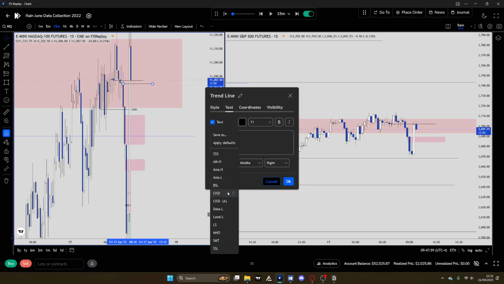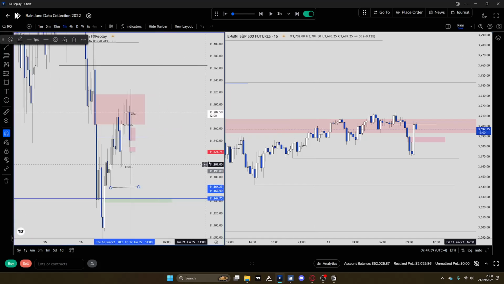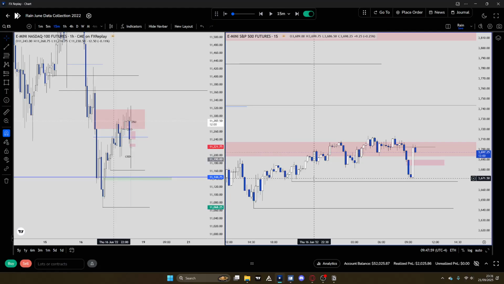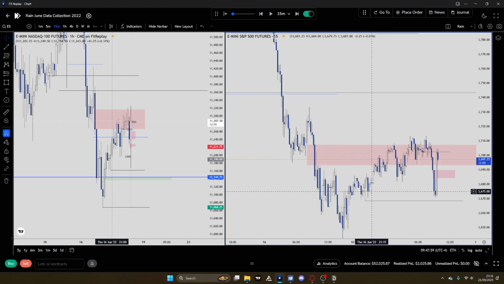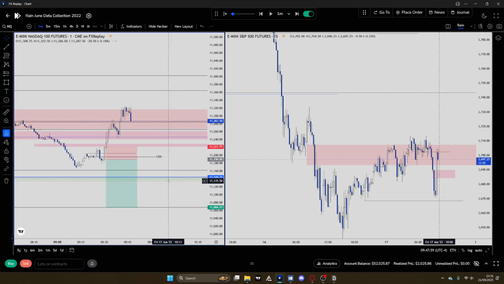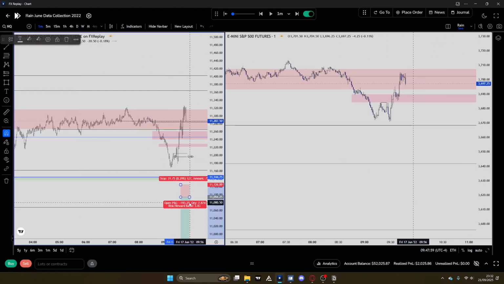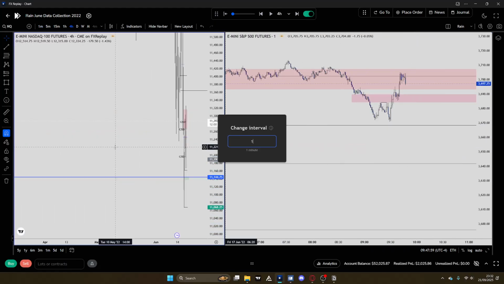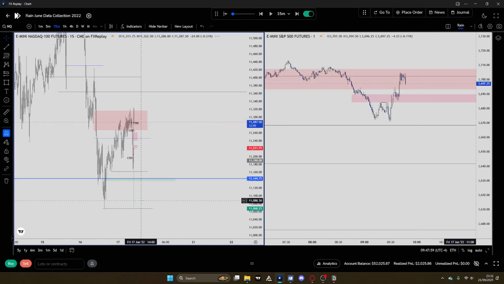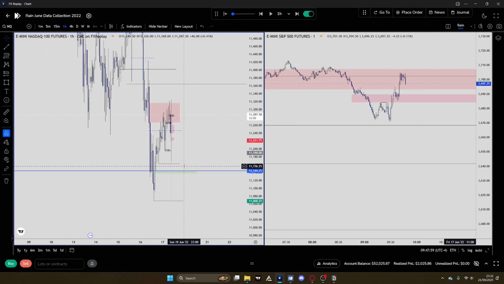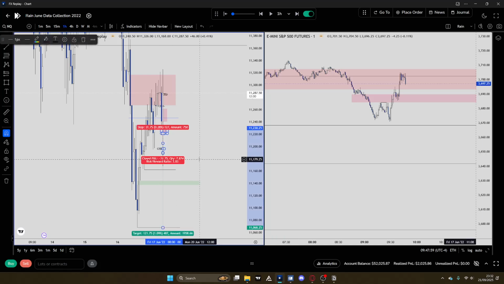I'd likely want to see some sort of push even higher before making. Yeah, I want to see odd flow keep respecting before I take any longs to the 4-hour range equilibrium. It's kind of messy right now. It's kind of bugging my eyes a little bit. So we're gonna delete this and these.